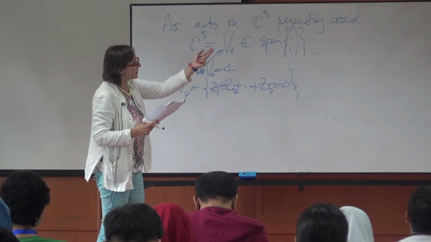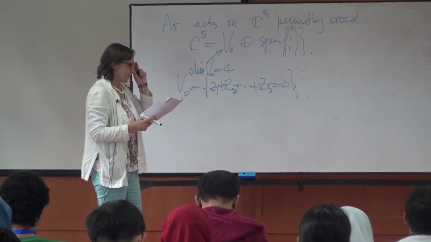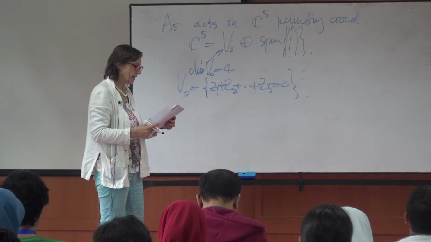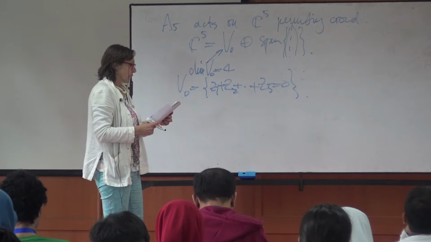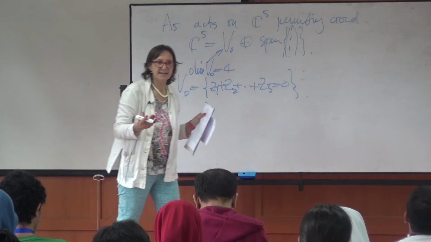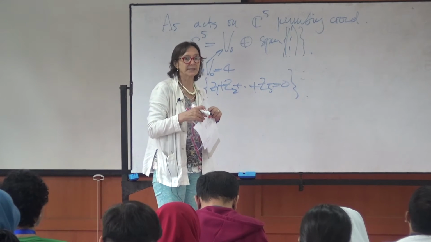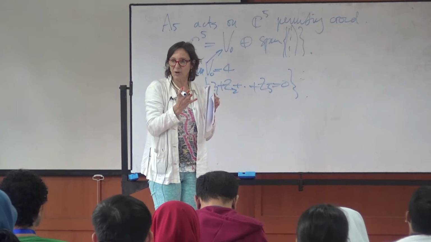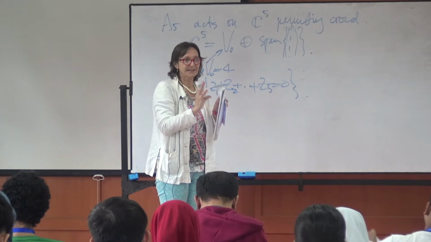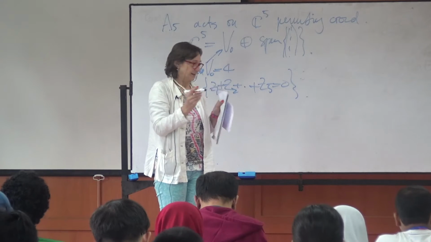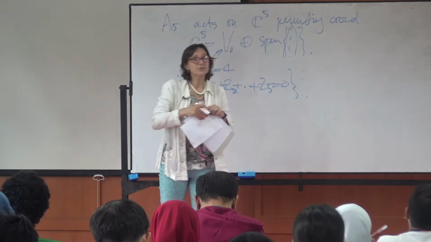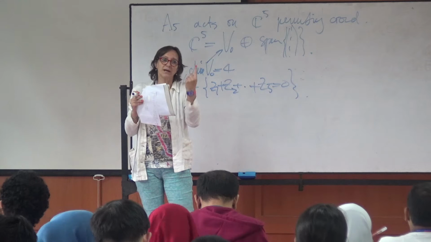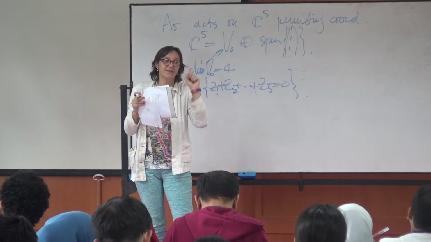In fact, here we answered more or less the first question about the conjugacy classes. All the 3 cycles in A5 fall into the same conjugacy class. The 3 cycles and the 5 cycles each fit in one conjugacy class in S5.